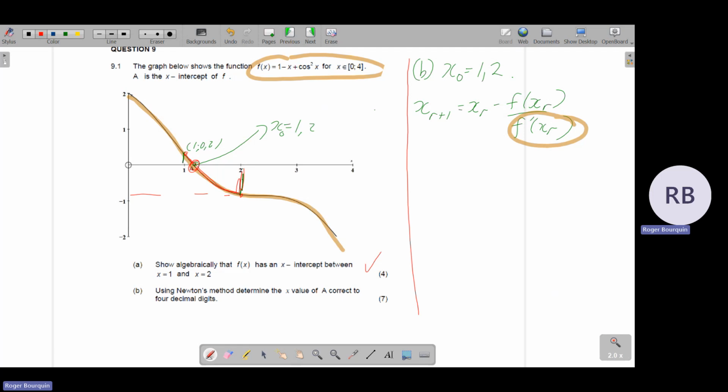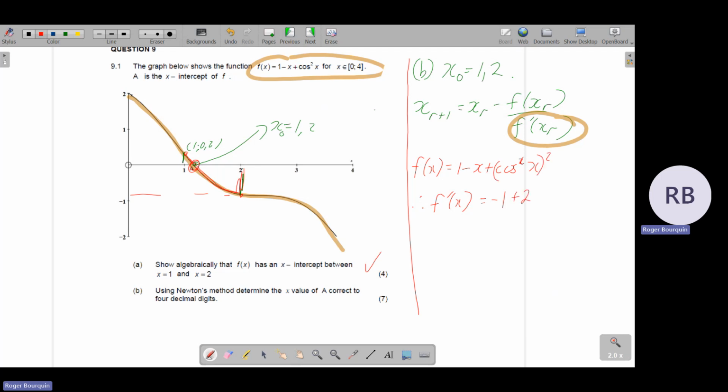Okay, f of x is equal to 1 minus x plus cos squared x. So therefore f dash of x, the derivative, you're not integrating, is going to be, well, the derivative of 1 is 0. The derivative of negative x is negative 1. Here you've got cos of x all squared, so you're going to have to use the chain rule.